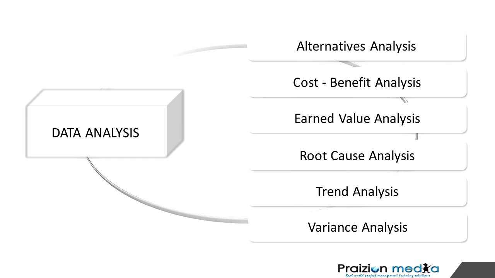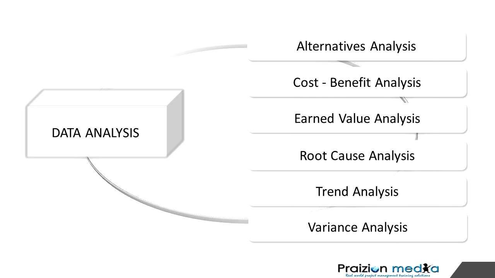What is the cost of a particular solution for the project versus the benefit? And when I say for the project, I mean, to solve a problem on the project. This is monitoring and controlling. So when we take a look at cost-benefit analysis, we're taking a look at a solution, for example, to something versus the cost, the benefit of doing it in a particular way versus the cost.